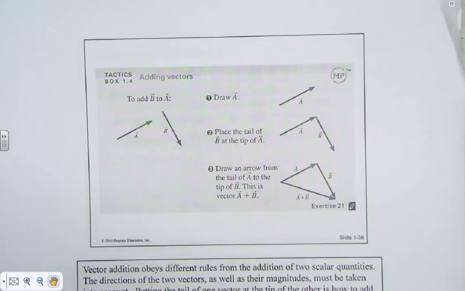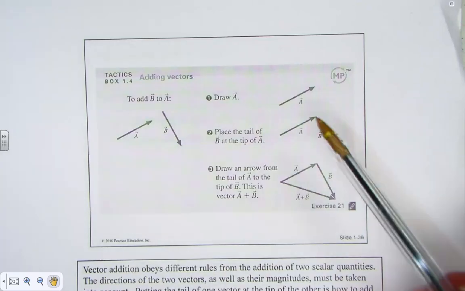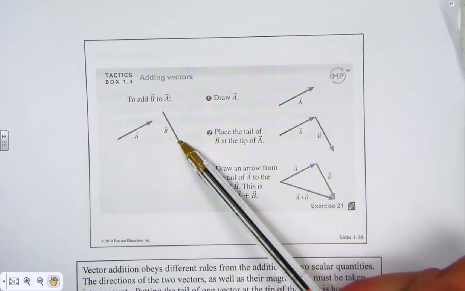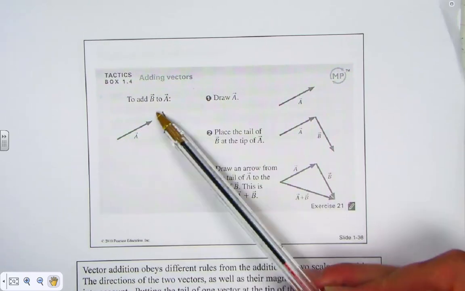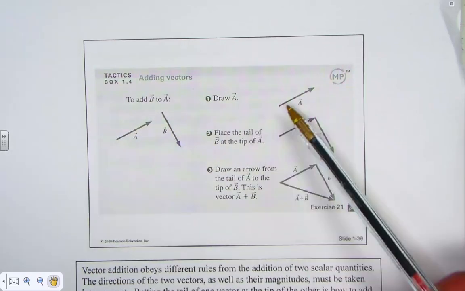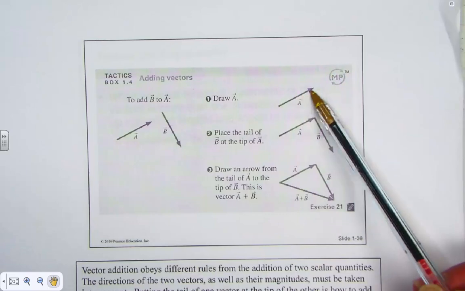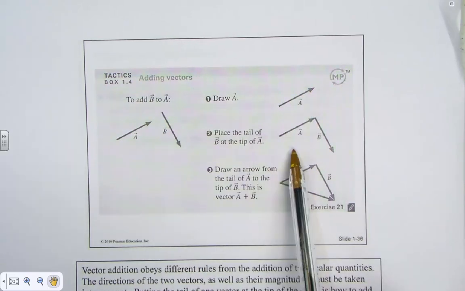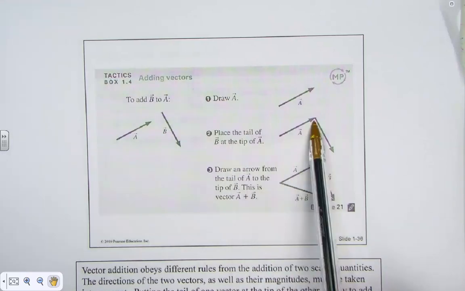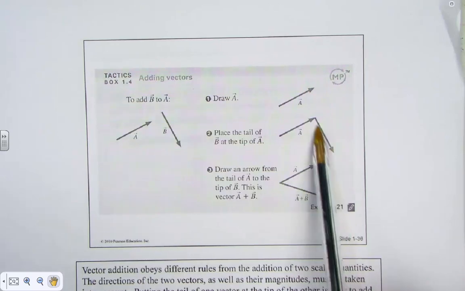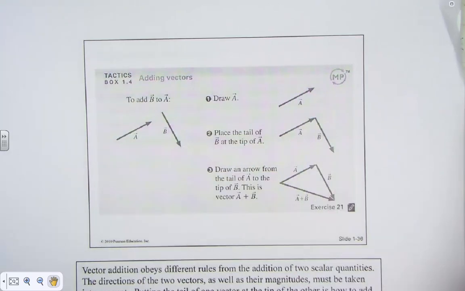That's how we add the vectors. If we have to add vector A and vector B together, step 1: draw vector A with the correct magnitude. Step 2: place the tail of vector B at the tip of vector A and draw its correct magnitude.